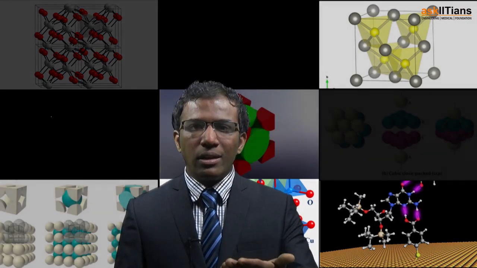Then we moved to the concept of closed packed structures. We saw how we can arrange spheres in 1 dimension, 2 dimensions, and finally 3 dimensions. In 3 dimensions we have 2 main types of structures: hexagonal closed packed structures and cubical closed packed structures.